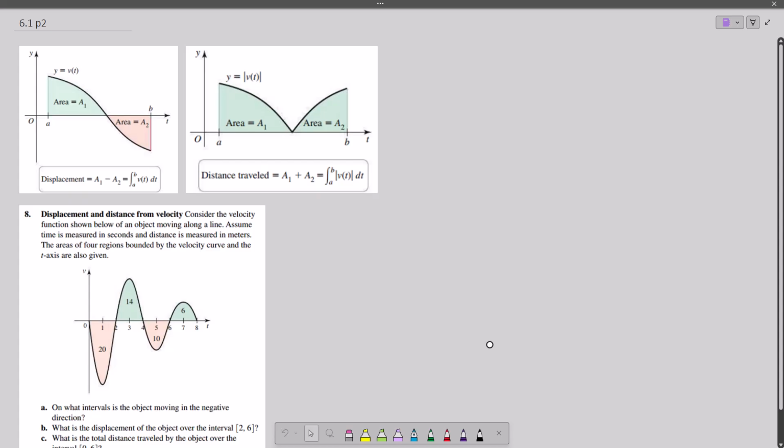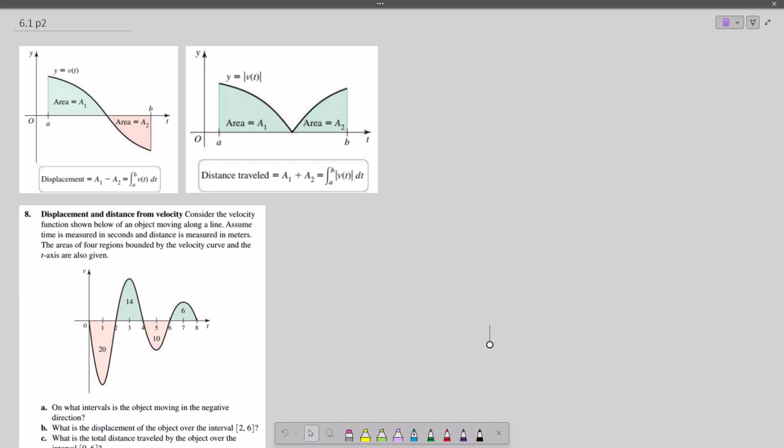So let's recall some information about a definite integral. Let's suppose we imagine this happening here. This is a picture of a velocity function. So not a position function, it's velocity.